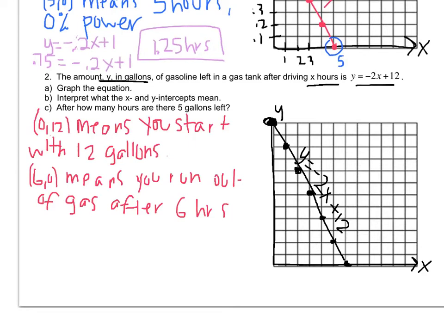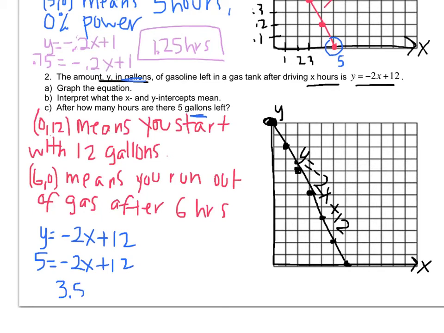After how many hours are there 5 gallons left? Well, gallons represents the y value. So I'm going to rewrite my formula, but instead of y, I'll put 5. And when I solve that, I get 3.5. So 3.5 hours have passed when there are 5 gallons left.